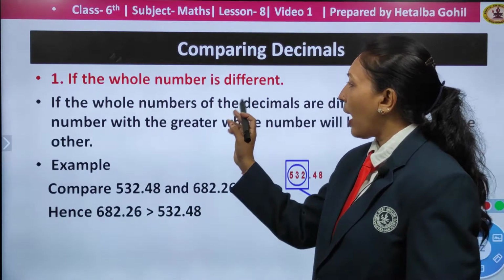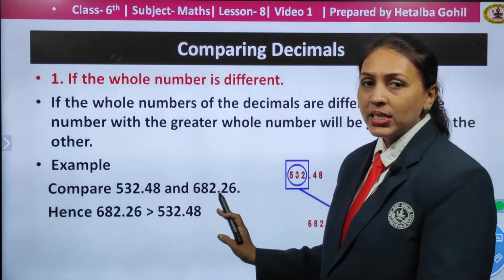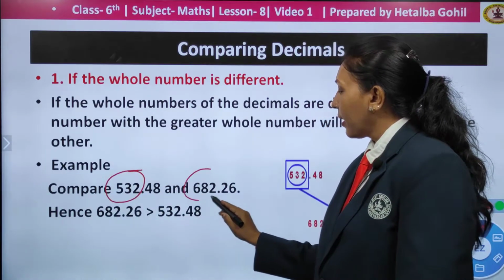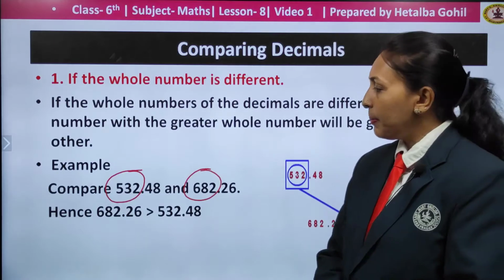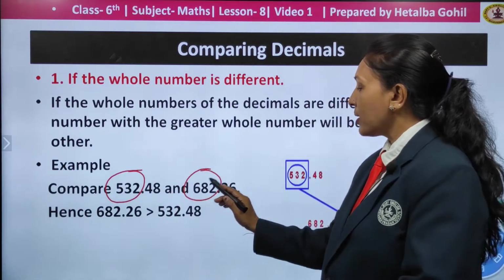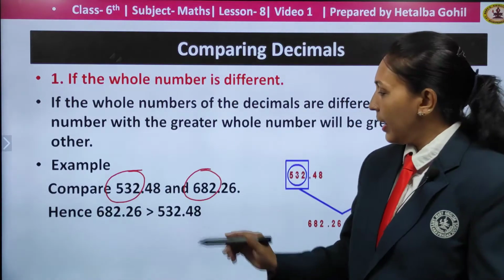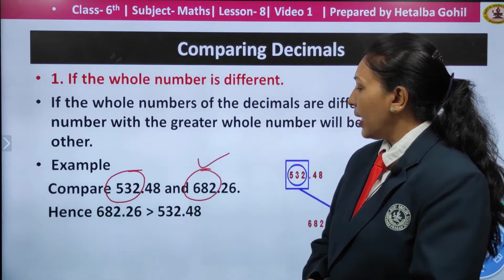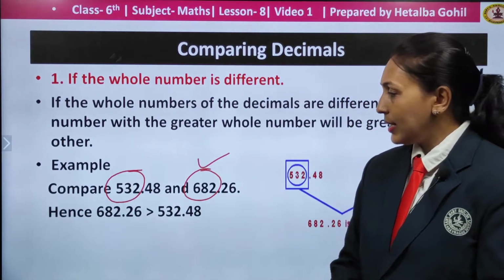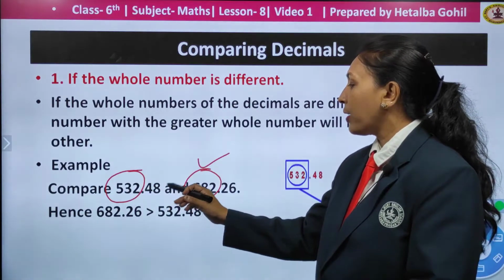Now whenever you have a comparison here, always first look at the whole number part. Among these, which is greater, 532 or 682, children? Yes, 682. So this number, that is 682.26, is greater than 532.48.